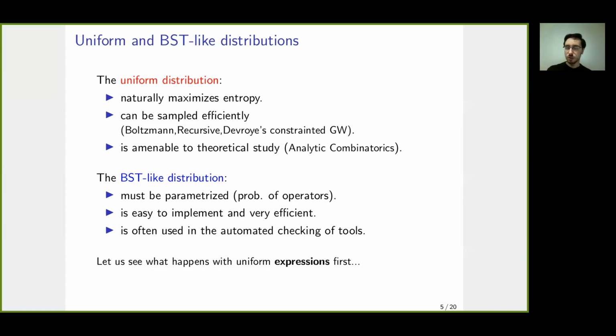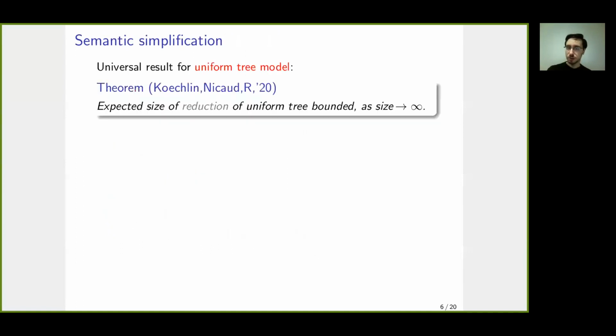Now let us see what happens first in the case of the uniform distribution. In a previous work with Florent Koechlin and Cyril, we considered the uniform distribution, and we showed that there's a very simple reduction algorithm: if you take a very large uniform random tree and you reduce it, then on average the tree you get is of constant size.